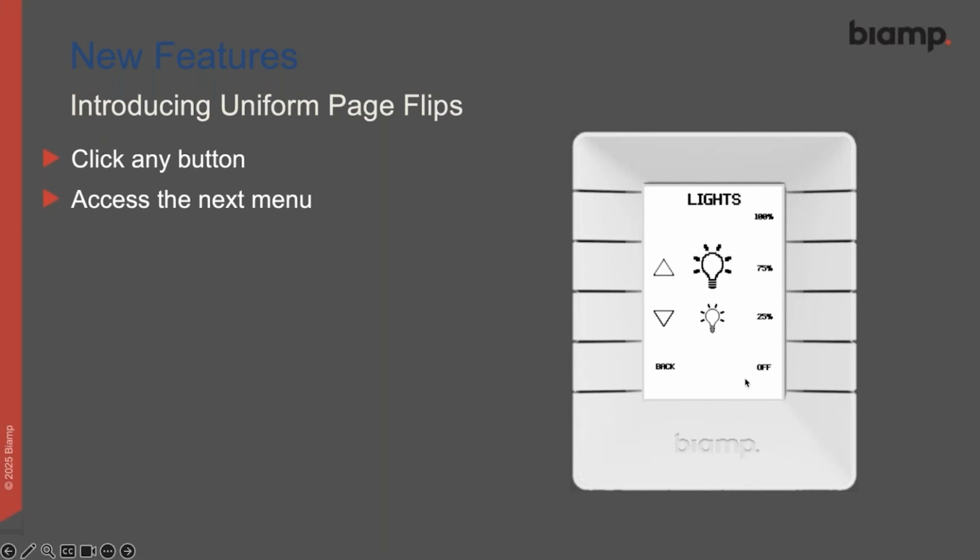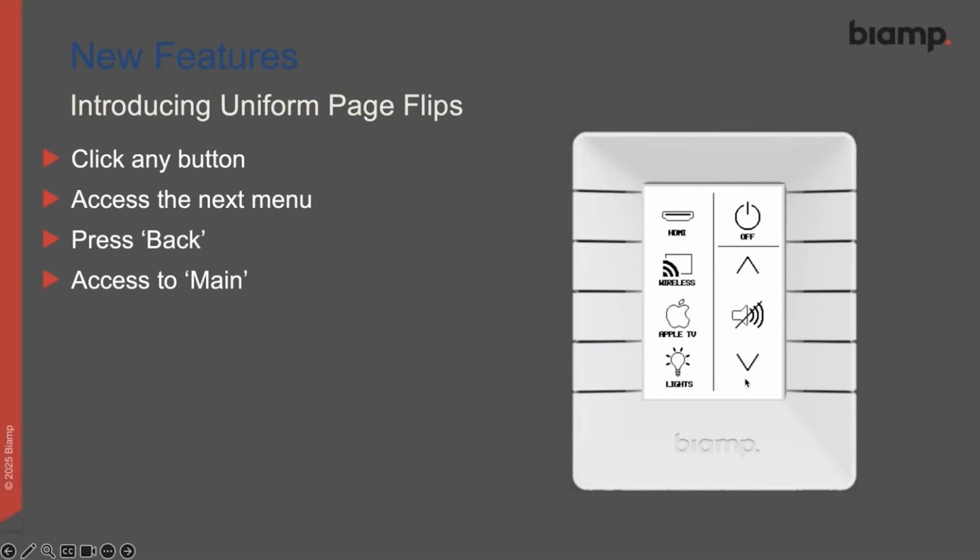And then you can hit back and go back to the main menu. So this is a pretty cool feature addition to the Uniform 8i, and we support up to 5 pages total. So 5 sub pages for the main menu, and the feature is expected sometime later this year.